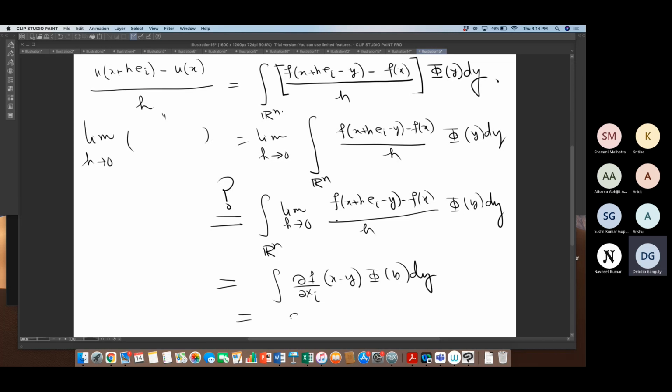This is nothing but phi convolution del f by del x_i. Who will tell me why this goes inside?